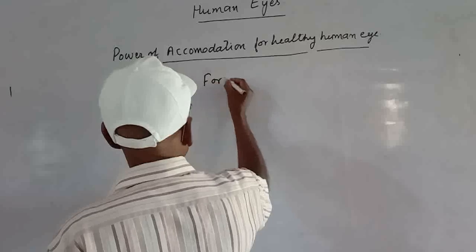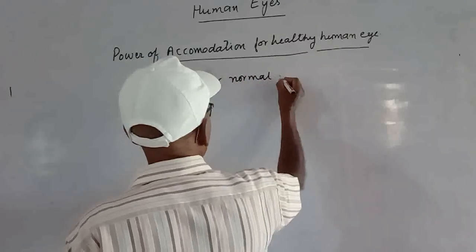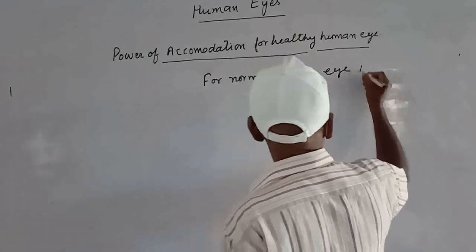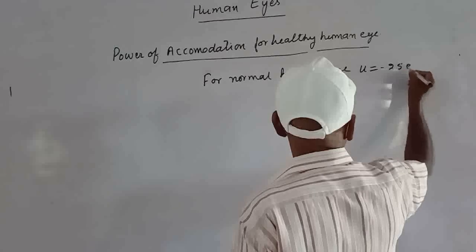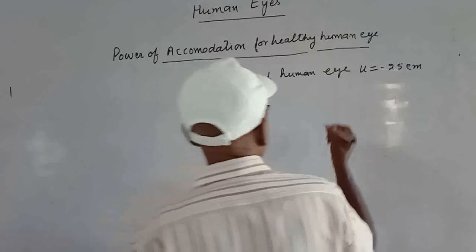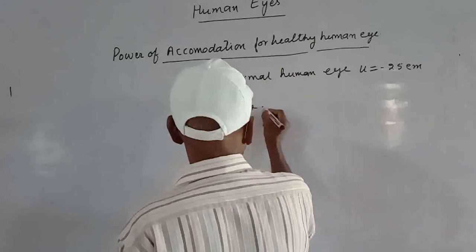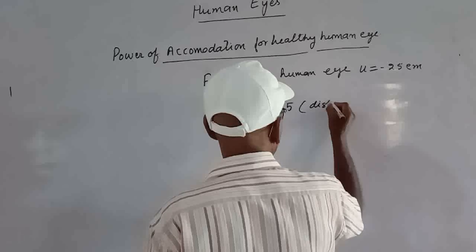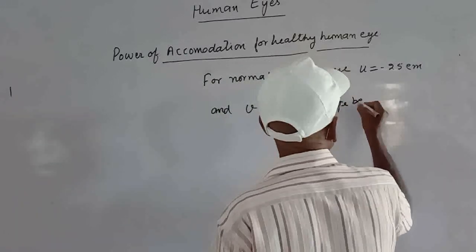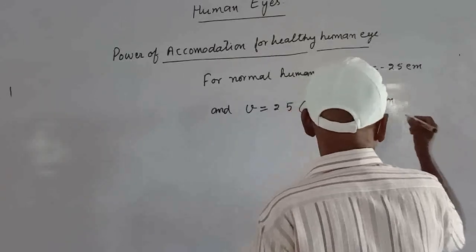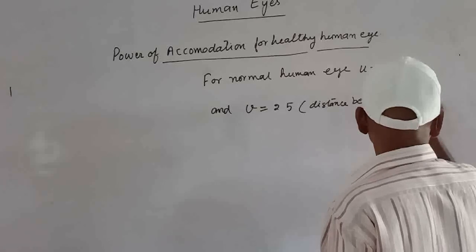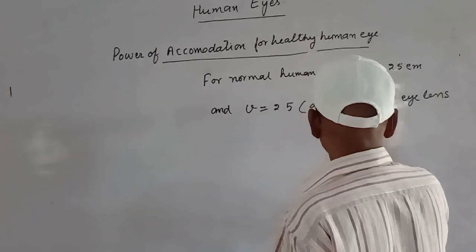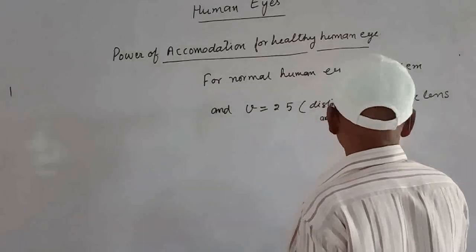For a normal human eye, u is equal to minus 25 centimeter and v is equal to 2.5, the distance between the eye lens and the retina, which is fixed.